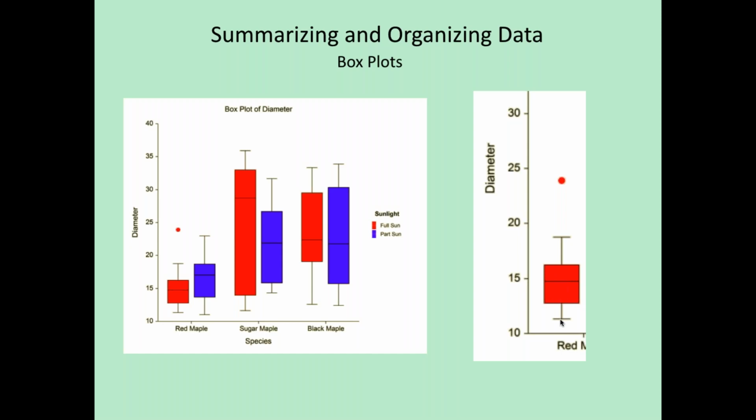So basically from here to here, we have the first quartile. From here to here, we have the second quartile. From here to here, we have the third quartile, 25%. And from here to here, we have the fourth quartile. So the largest 25% of trees are in this top part here. So that's the way we use this.